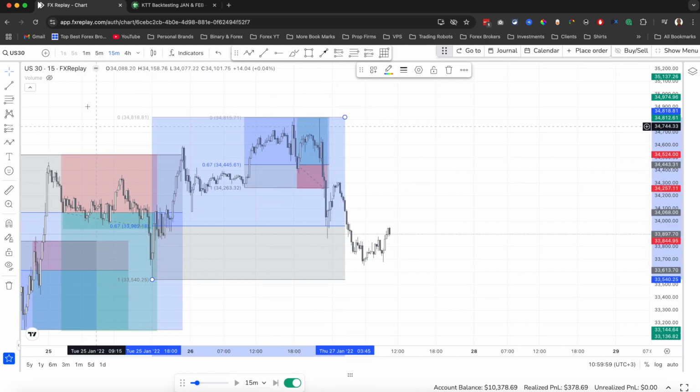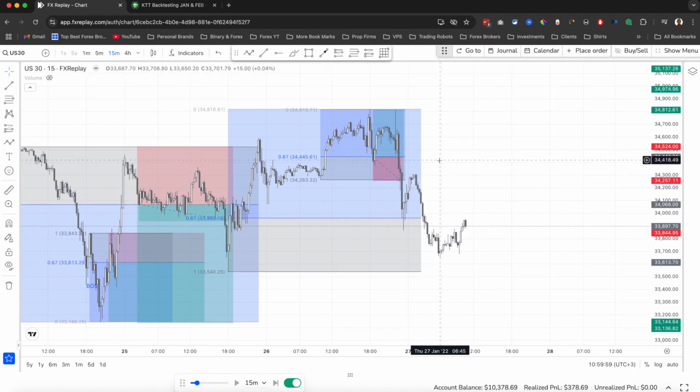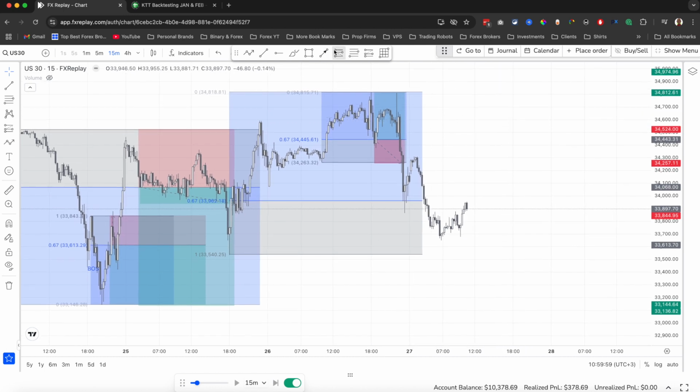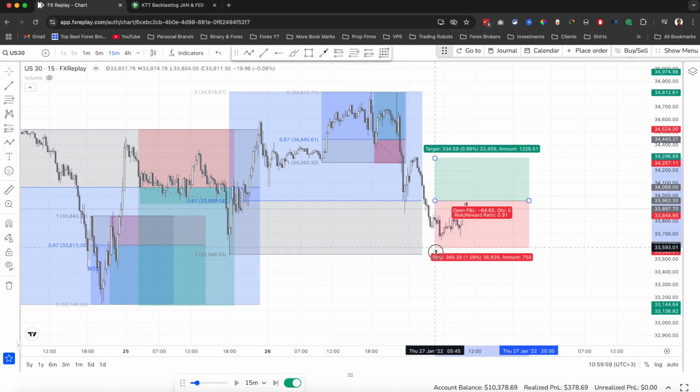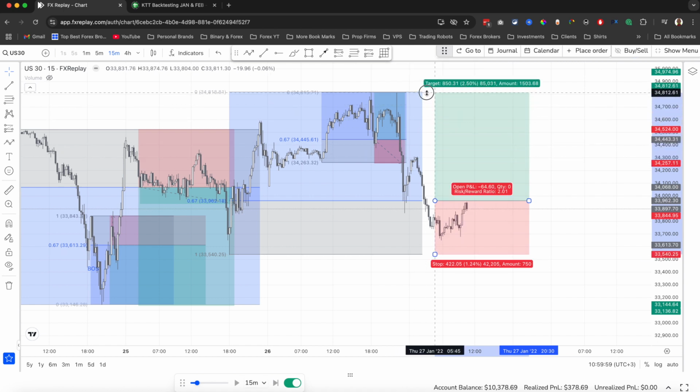Now we took the big one, like we did here. So let's put our trade here, which we put our long here, taking this low. Then we anticipate the price to go up, right?